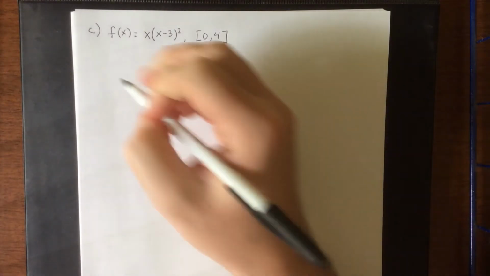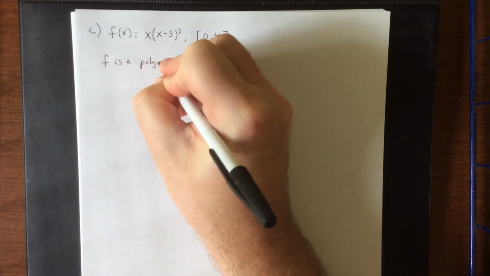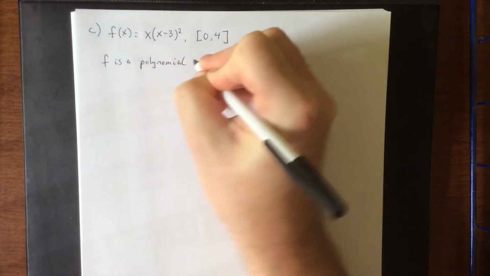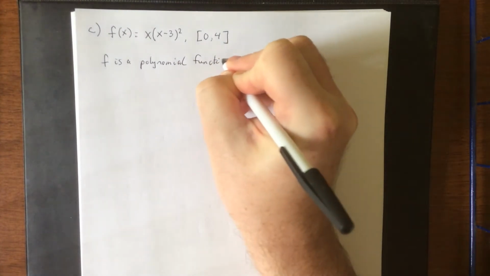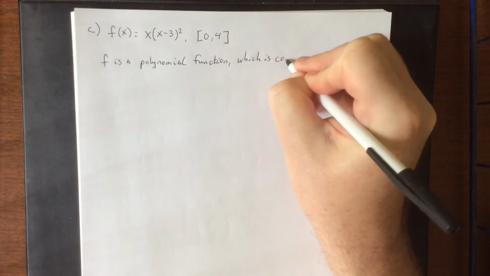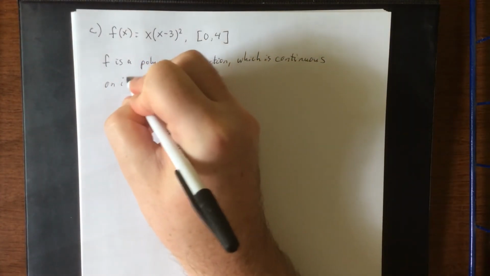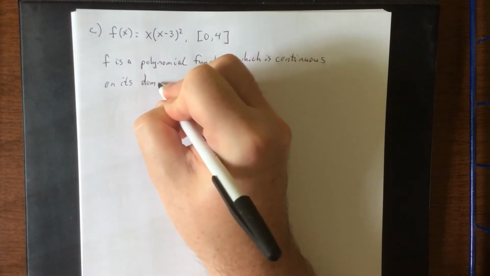So first thing to point out is that f is a polynomial function which is continuous on its domain. Boy, that's a phrase we've used a lot.